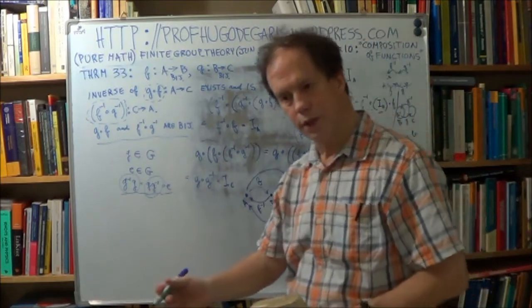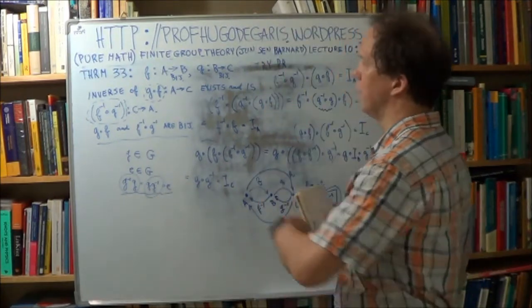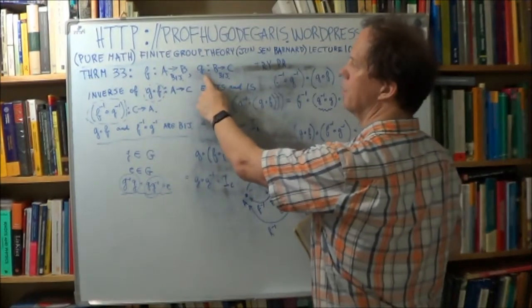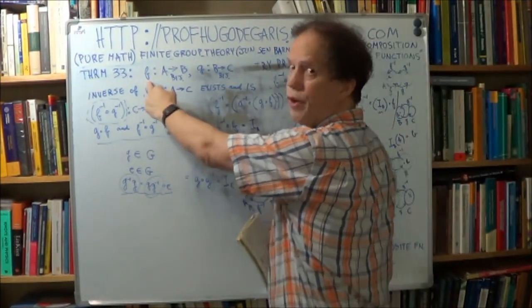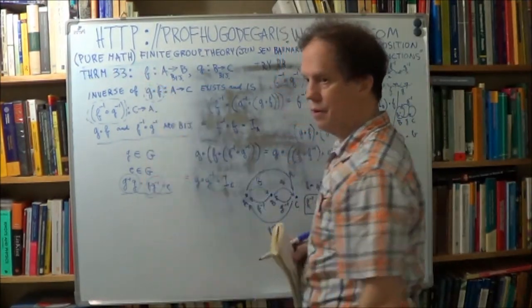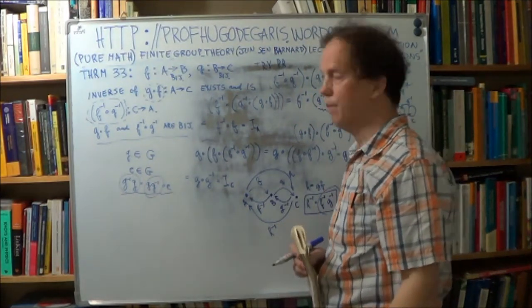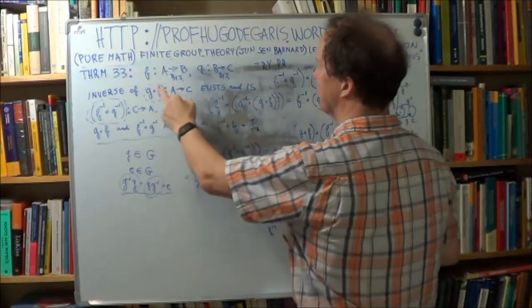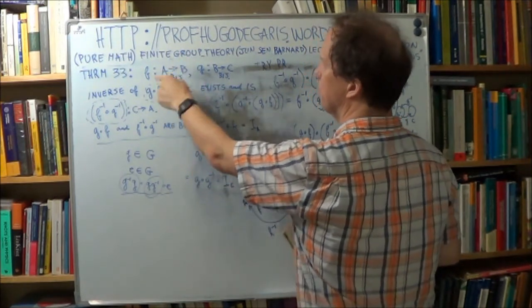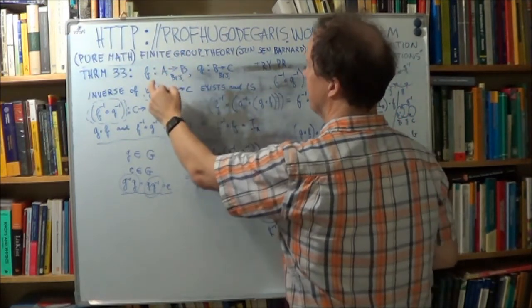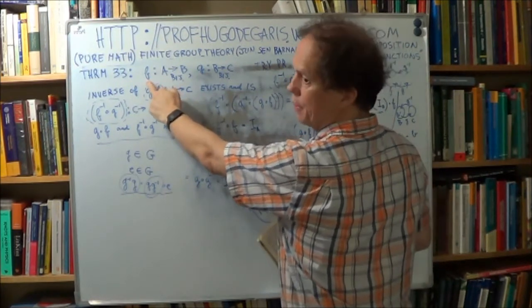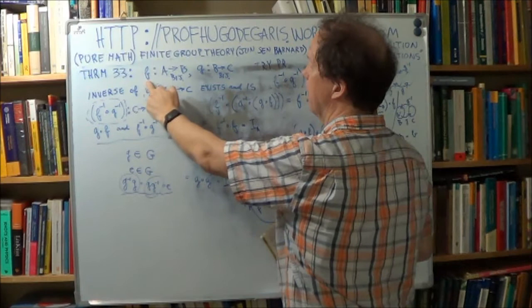Now, if you have a function and you have an inverse, from theorem 30, this f is bijective, and you can swap the roles of f and g. So if g is the inverse of f, then f is bijective. That's theorem 30.